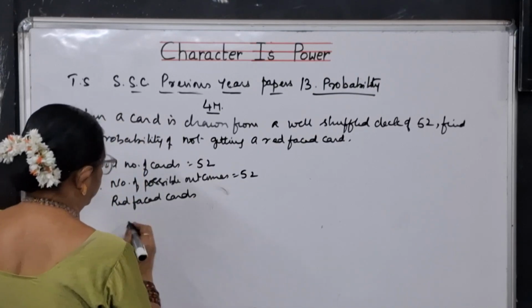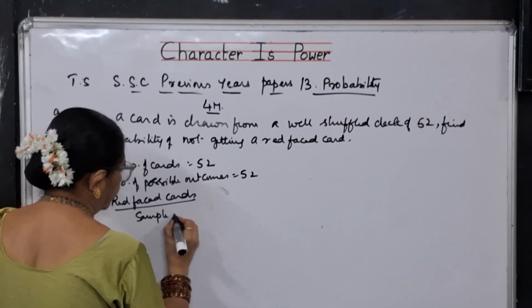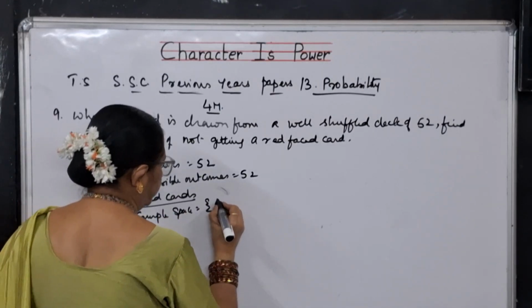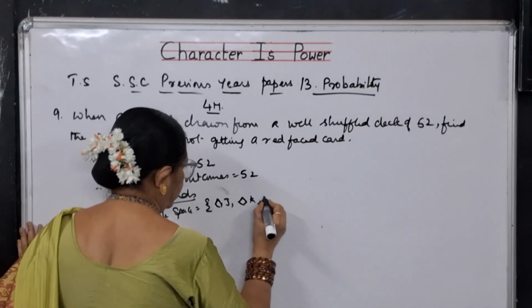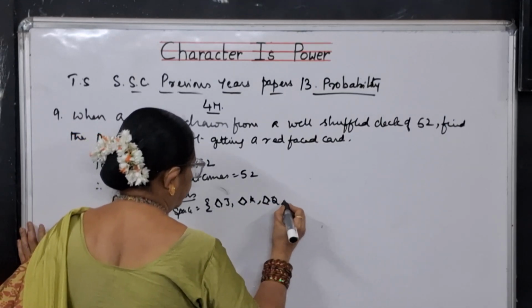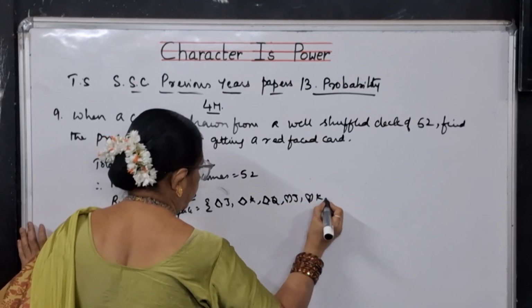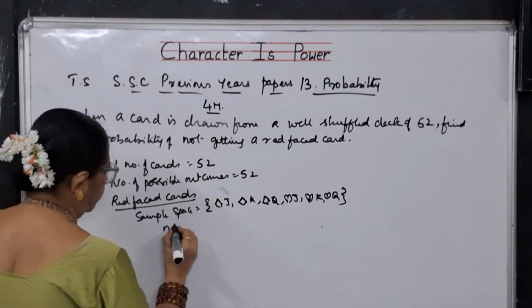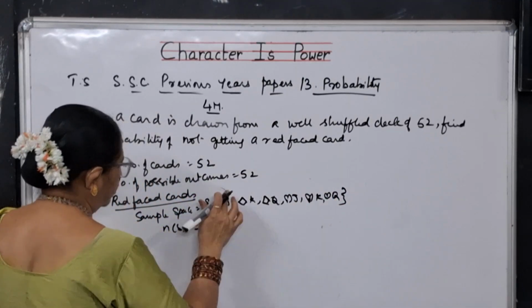For this let me write the sample space. Red face cards are diamond J, diamond K, diamond Q, and then heart J, heart K, heart Q. So n of S is equal to 1, 2, 3, 4, 5, 6.